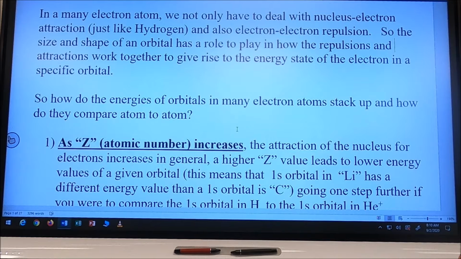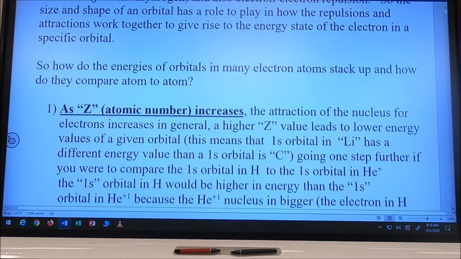Now, if we compare a 1s orbital for a hydrogen atom with a 1s orbital for a helium 1 plus. A helium 1 plus is a cation. Remember I defined cations earlier. A cation is a positively charged particle.